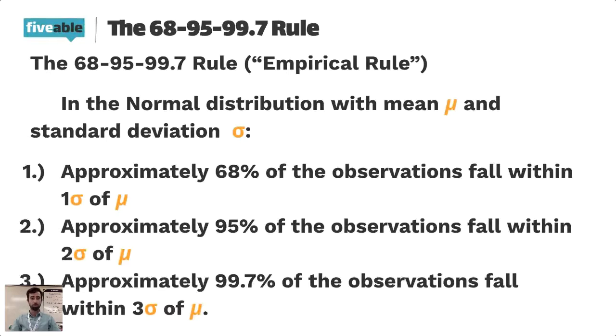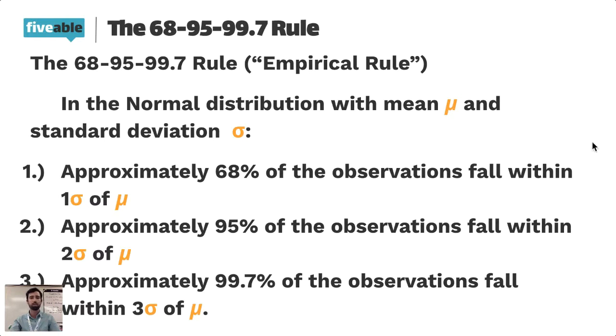So we have to have a normal distribution in order for that to work. If we go out another standard deviation, so 2 standard deviations in each direction, we're going to cover 95% of the observations. And if we go out one more, we're essentially covering all observations. We're covering 99.7% of observations if we go out 3 standard deviations.